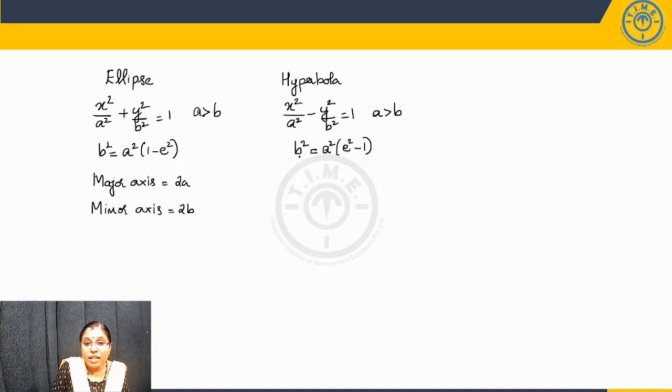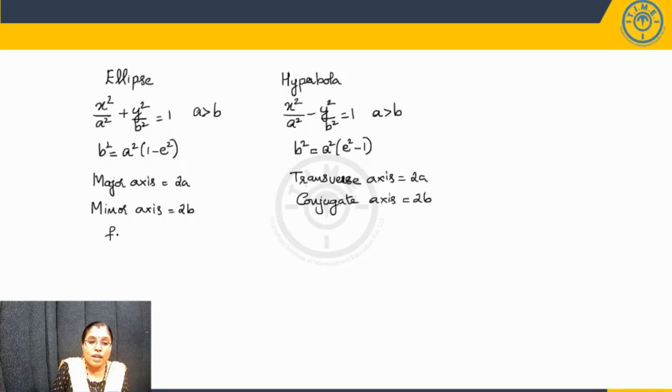Now comparatively in hyperbola, the axes are called transverse axis and conjugate axis. So transverse axis is 2a and conjugate axis is 2b.